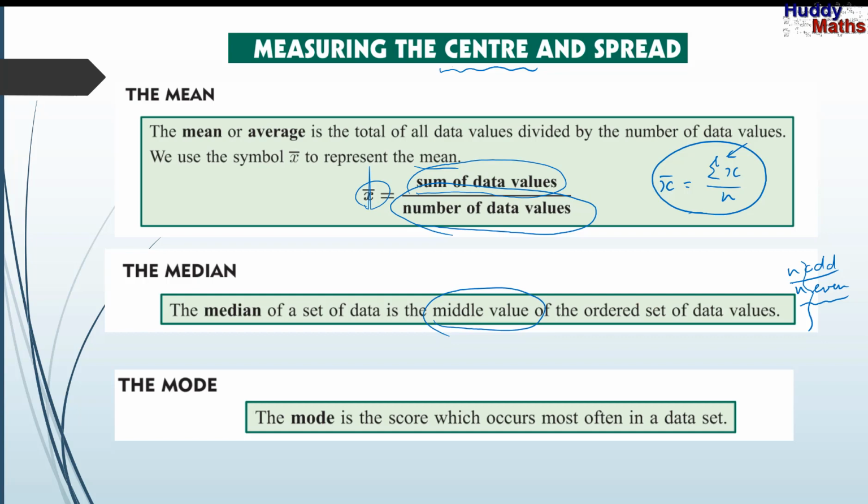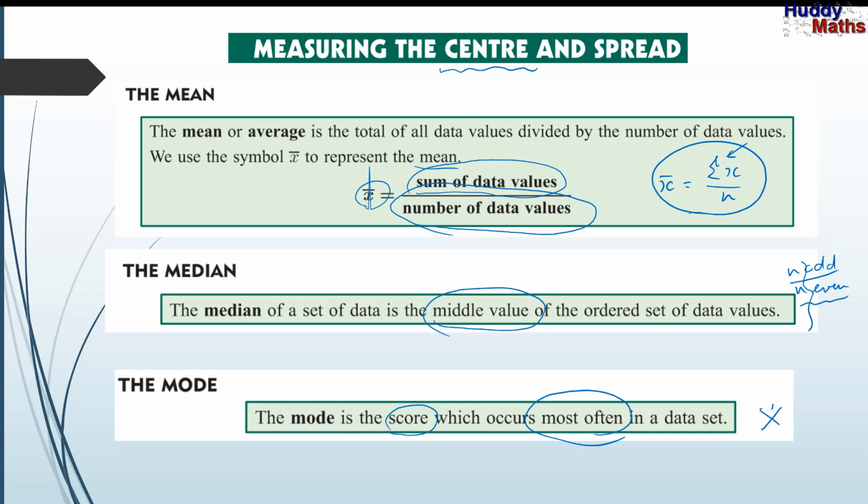The mode is the score which has the highest frequency, occurs most often in a data set. And you can see already that maybe the mode is not a good measure, because in your scores for your maths test, every one of those scores only occurred once. There was no mode. So quite often we don't use the mode for that reason, that all the scores are only occurring once.